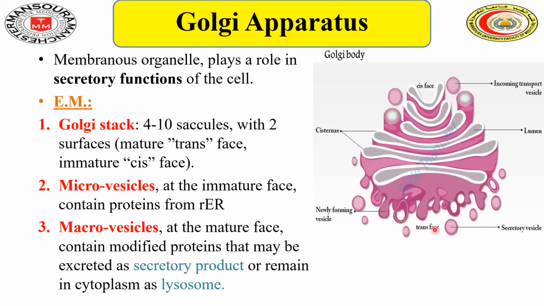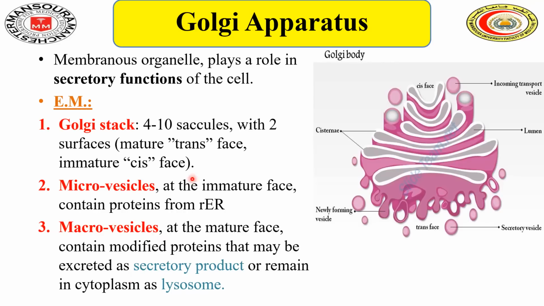These macrovesicles have two fates: to go to the cell membrane and release their product outside the cell as secretory product, like insulin or any hormone secreted by a cell, or to remain inside the cytoplasm, and at that time, if they contain hydrolytic enzymes, they will be called lysosomes.